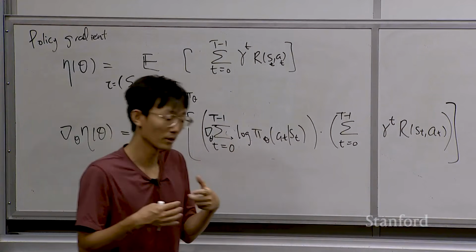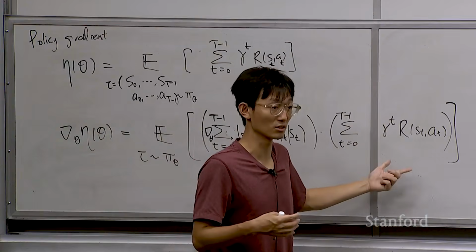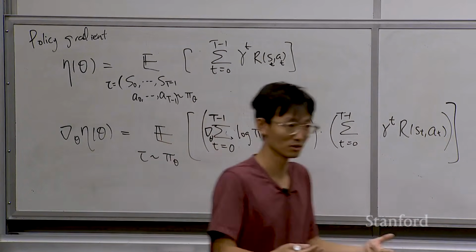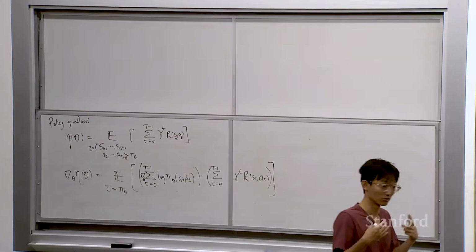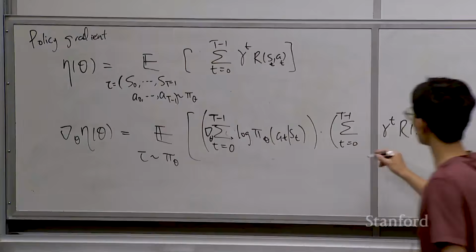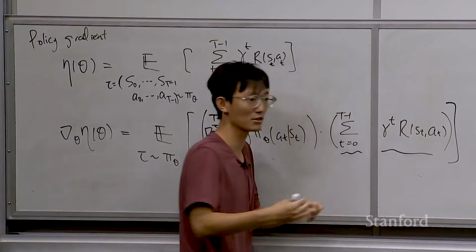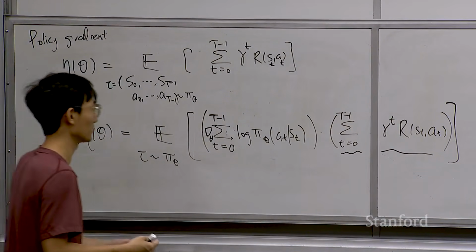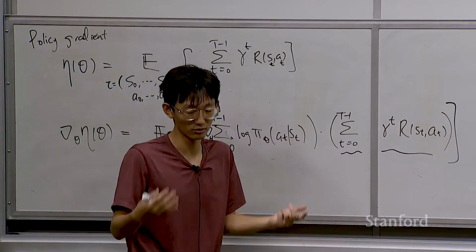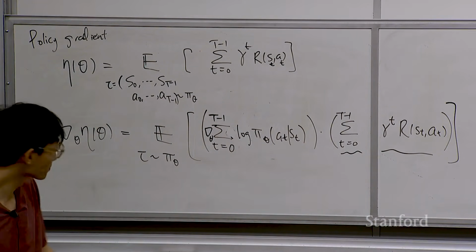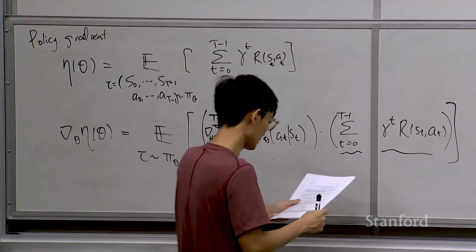If the reward is low, let's say the reward is 0, then your weighting is 0, so you are not maximizing the log likelihood of those trajectories with reward 0. So this is the weighting term that controls how much you maximize the likelihood of each trajectory. If it's a good trajectory, you have more weight, otherwise you have lower weight. That's essentially what the policy gradient is trying to do.